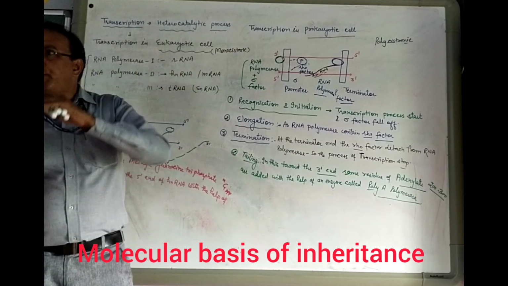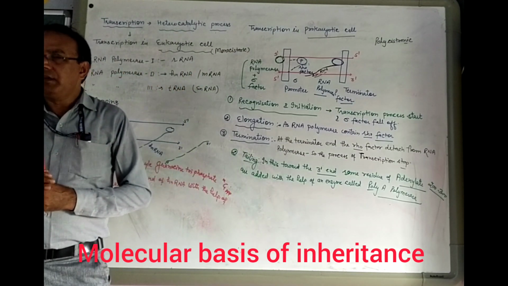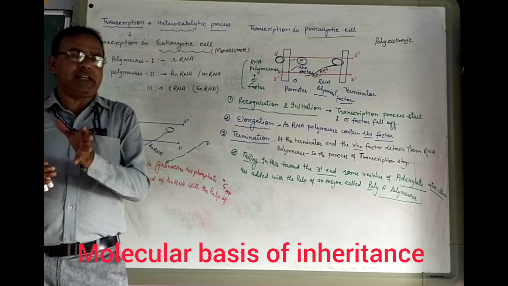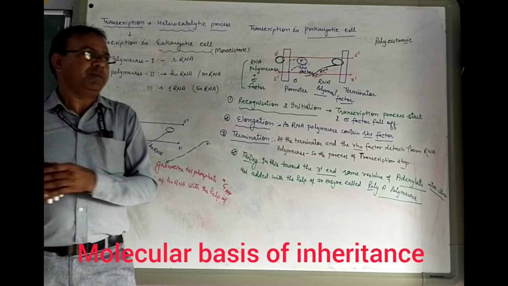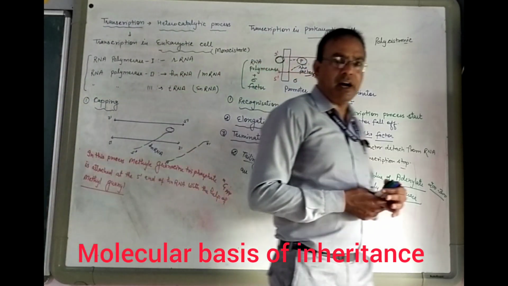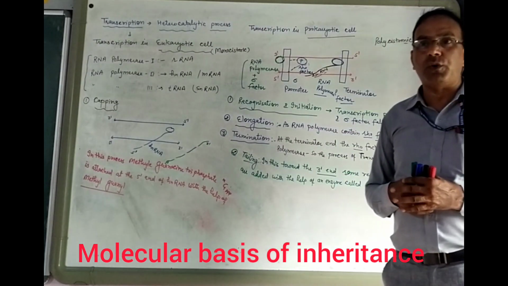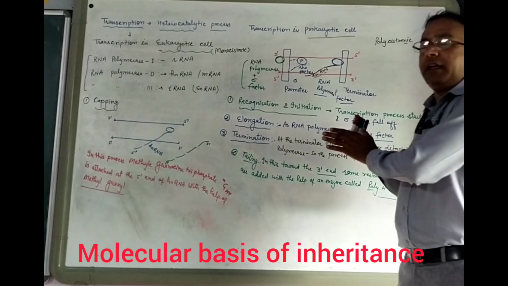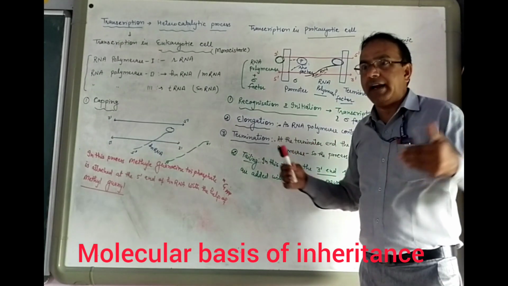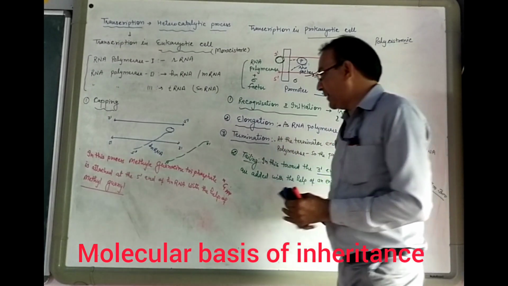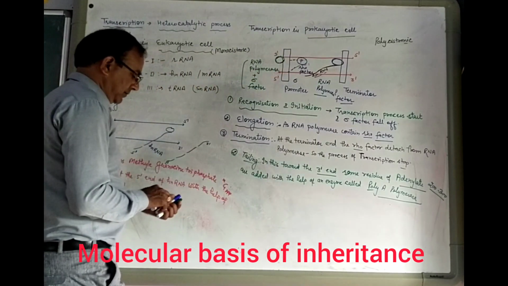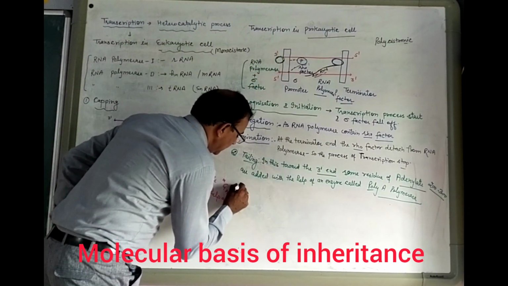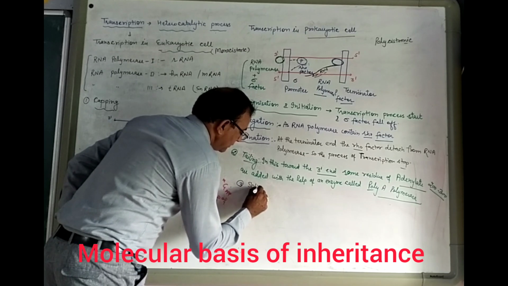The other is the unwanted, unexpressed sequence, called introns. Introns are not used. So we remove the introns and join the exons. That is called splicing. The third phase is splicing.